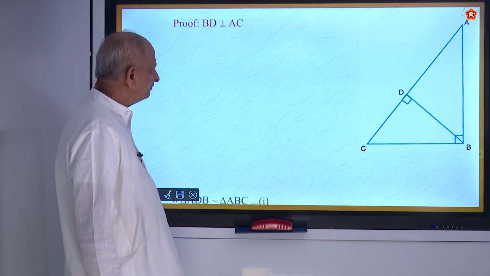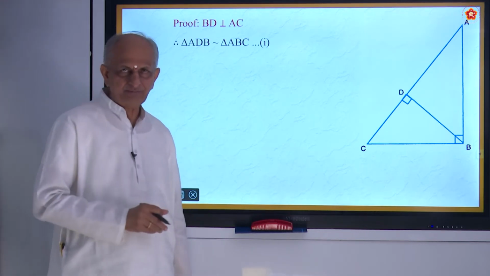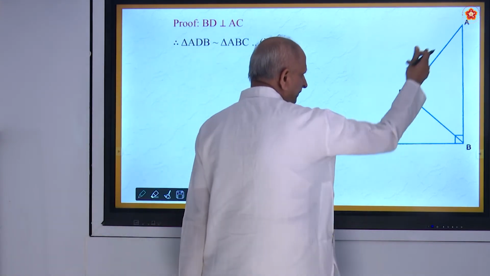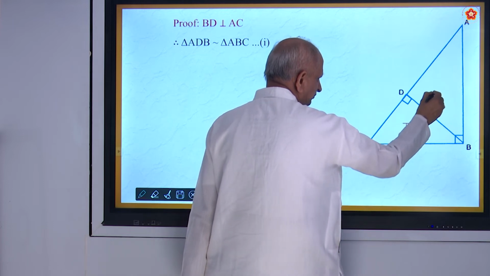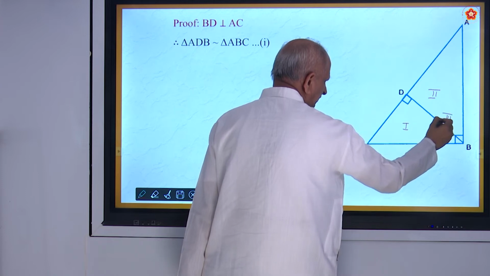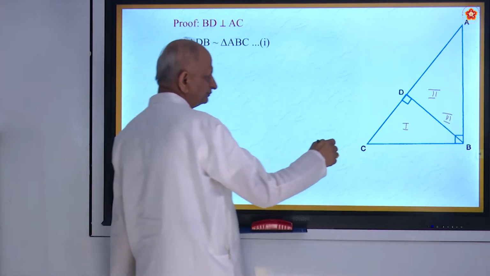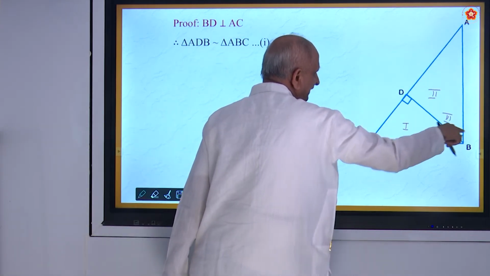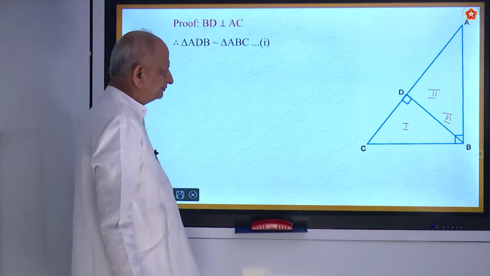So proof is BD perpendicular to AC. Just in the previous lesson we have seen, if a perpendicular is drawn to the opposite side, the two triangles are similar. What are the two triangles? First one is ADB. ADB is similar to ABC because there is a perpendicular.